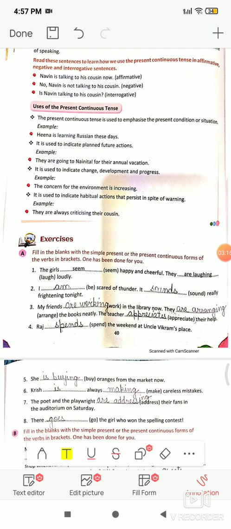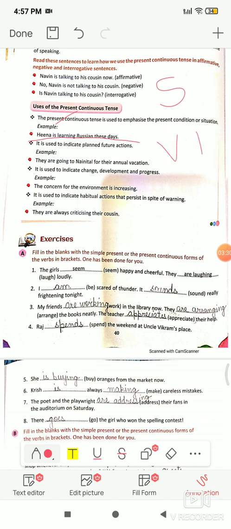Let's see. Hina is learning Russian these days. When I say this line, Hina is the subject. Subject is singular, that is why is is used. Hina is. Learn is the first form of verb, right? Plus ing. So Hina is learning. If I use any plural subject here, for example, they are learning.